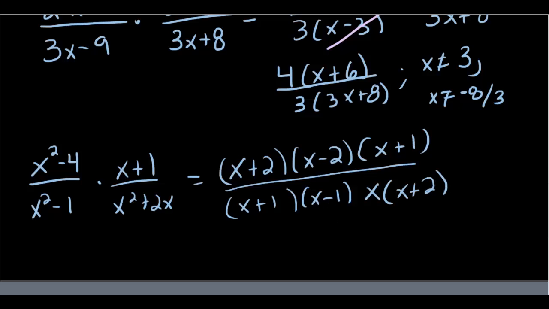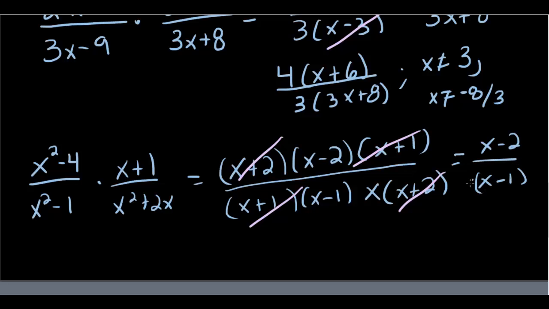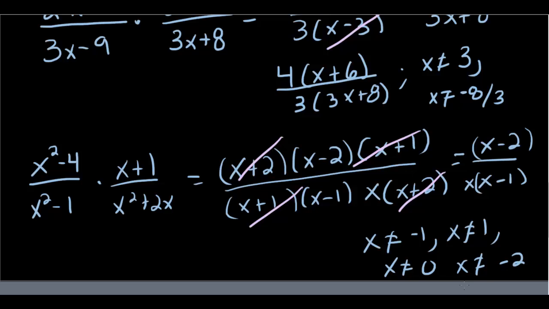So then we can cancel x plus 2 with x plus 2, x plus 1 with x plus 1, and that's going to give us x minus 2 over x minus 1, and this times x. And x is not negative 1, x is not 1, x is not 0 because of this one right here, and x is not negative 2.